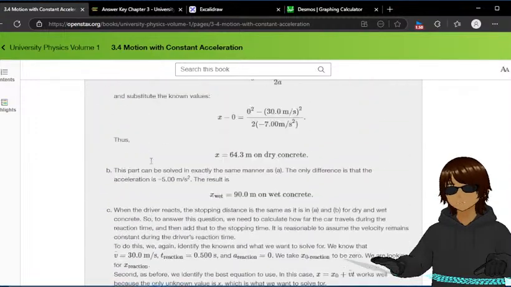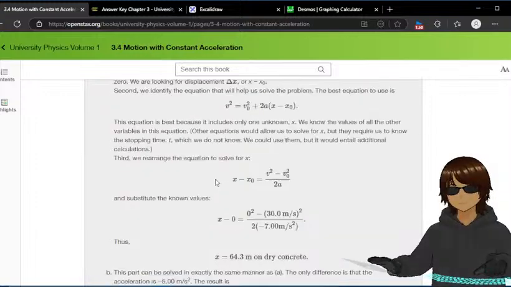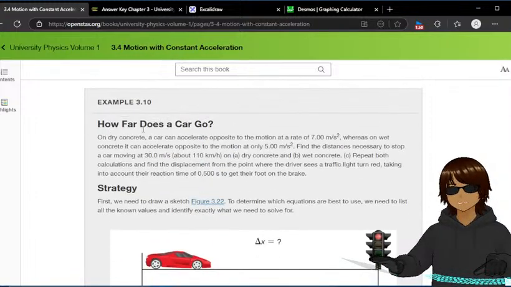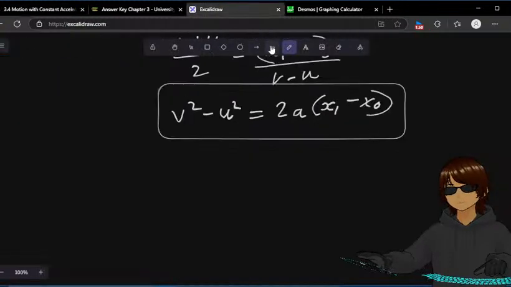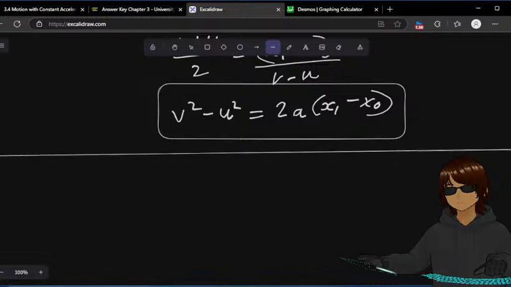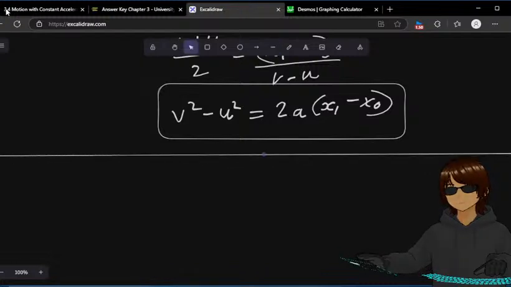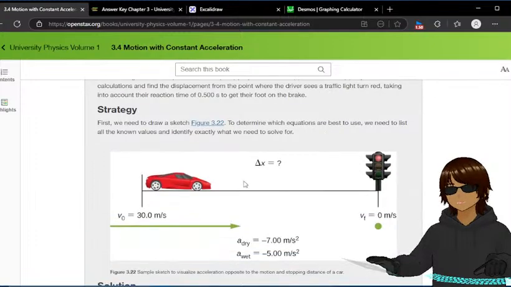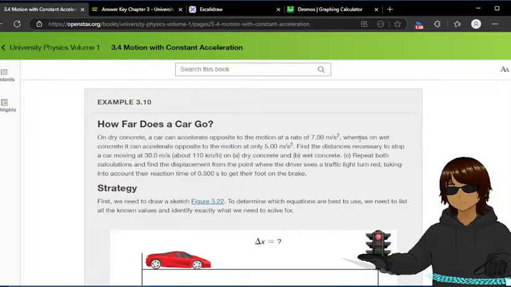Okay, let's try to solve this question. On dry concrete, a car accelerates opposite to the motion at the rate of 7 meters per second squared, whereas on wet concrete, it can accelerate opposite to the motion at only 5 meters per second squared.